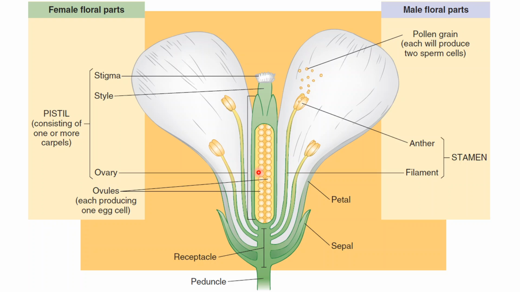And the ovary is a jug-like structure that contains one or more ovules. Here are many ovules, and each of them will develop into a seed, and the ovary will develop into the fruit.